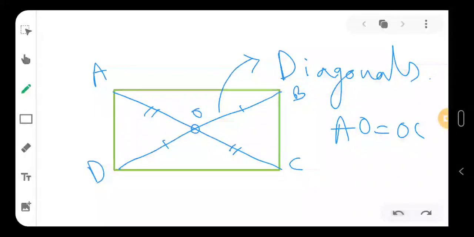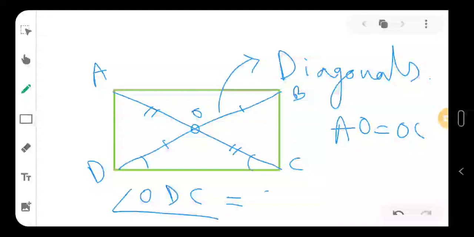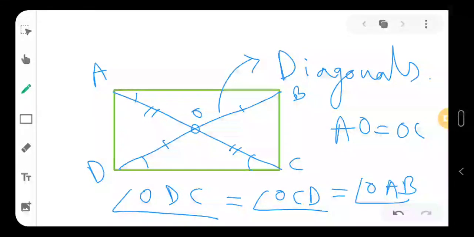Now if we talk about this angle ODC, that means this one, and this one OCD, from the figure we can see they are same as well, and these are also similar to angle OAB and angle ABO. So these are something that, looking at the figure, we can estimate.